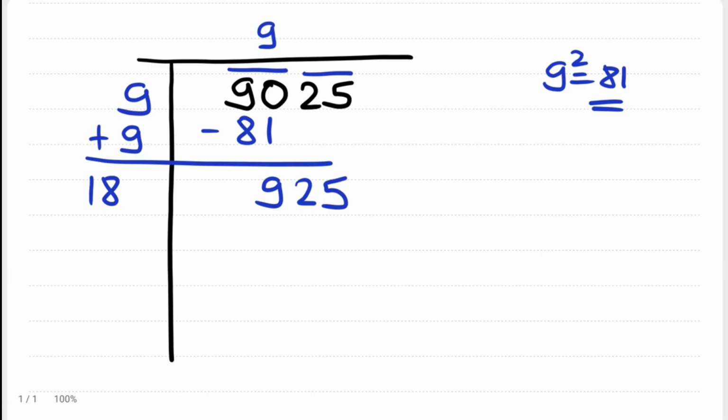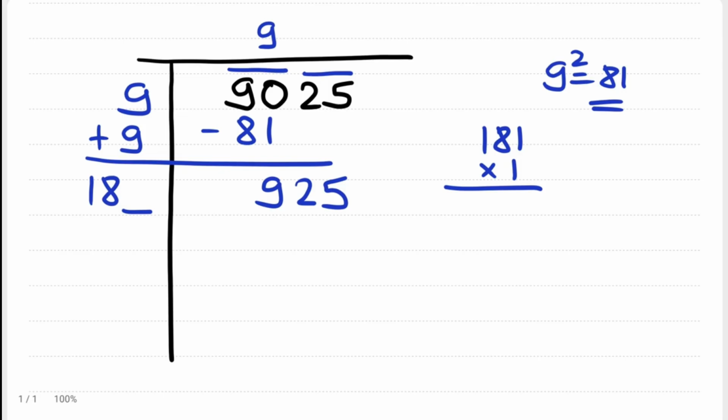Now we have to take one more digit with 18 to make it a 3-digit number, and that 3-digit number will be multiplied with the same digit with which it is becoming 3-digit. Like if we take 1, then we will multiply it with 1 itself.